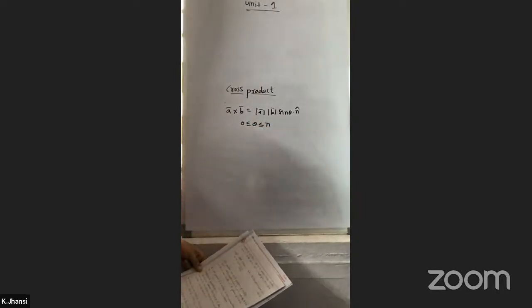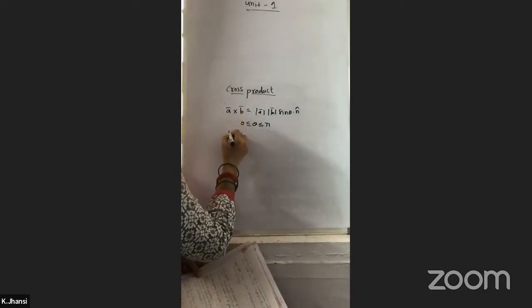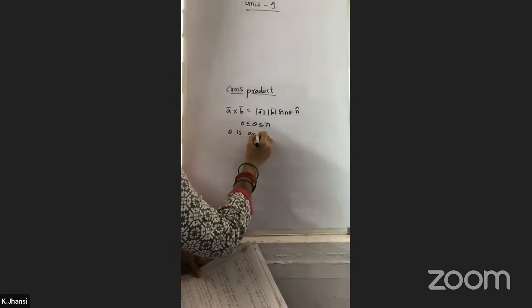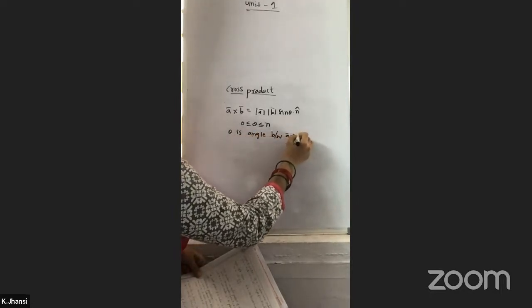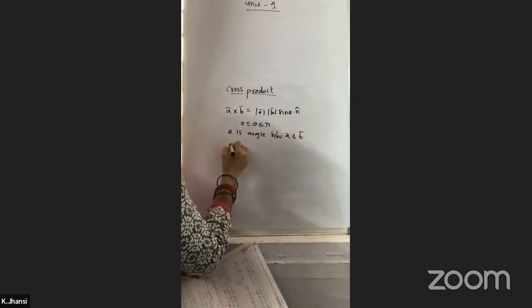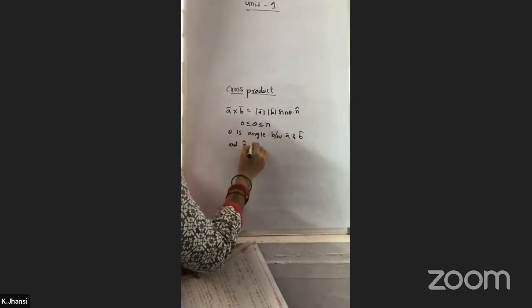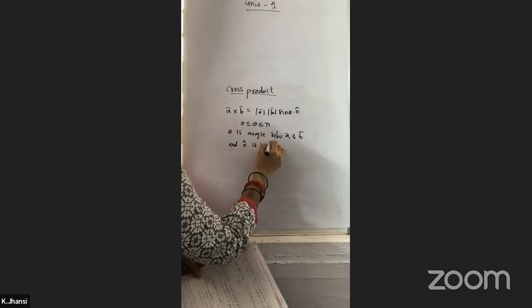Theta is the angle between vector A and vector B, and n cap is the unit vector.